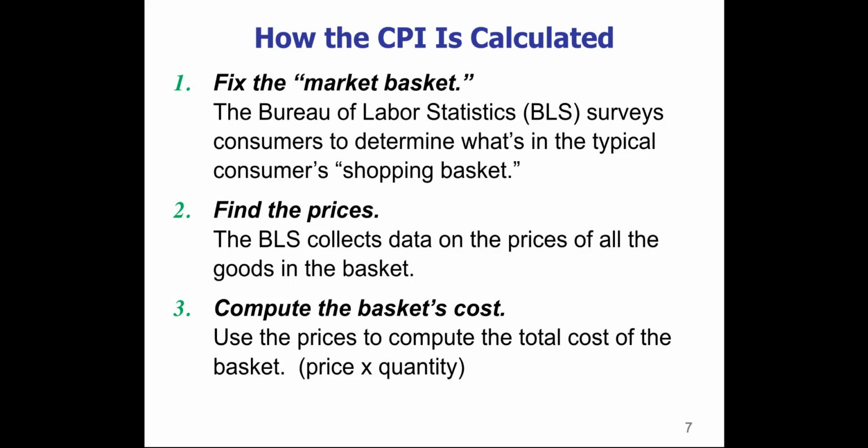So the government would pre-decide that, let's say, families buy 7 loaves of bread in a 3-month period. And then they went out and found the average price of bread. So the price of bread times the quantity of 7 units, that would be the bread's market basket cost. But the market basket has hundreds of thousands of products, and you would add them all together.